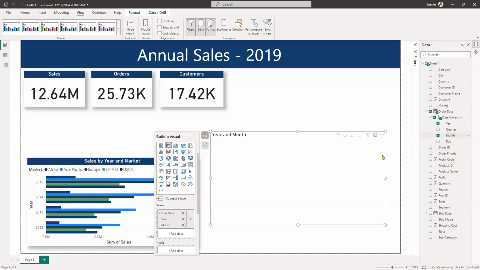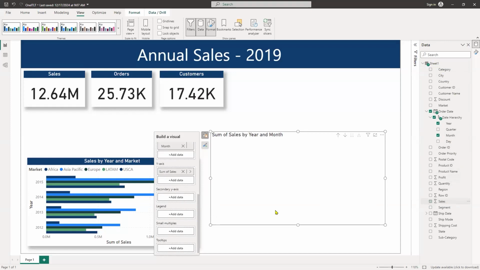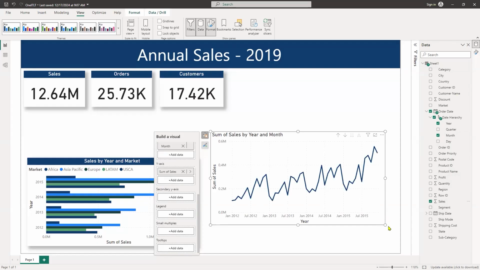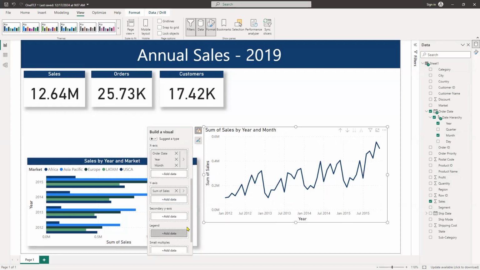There will be month also. Then on the y-axis, it will be sales. There you go. So we are able to see with year and month how my sales are changing. So there is a gradual increase in sales. Very evident, no? Very much gradual increase in sales.